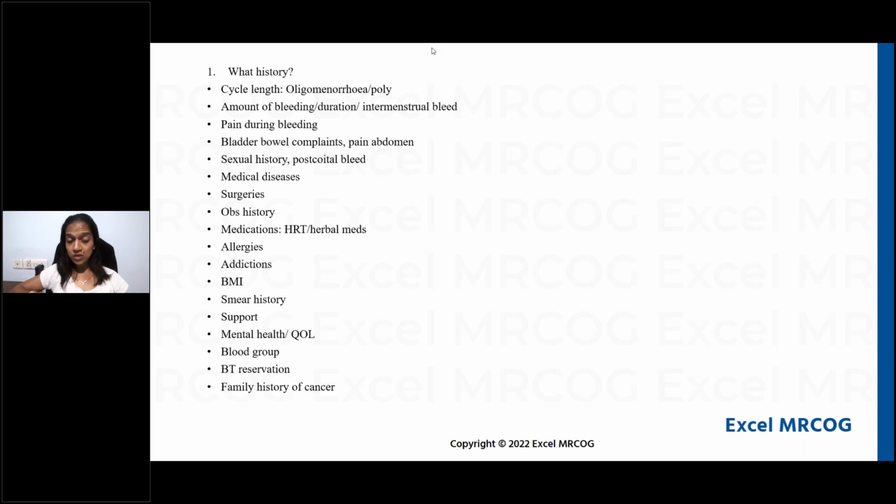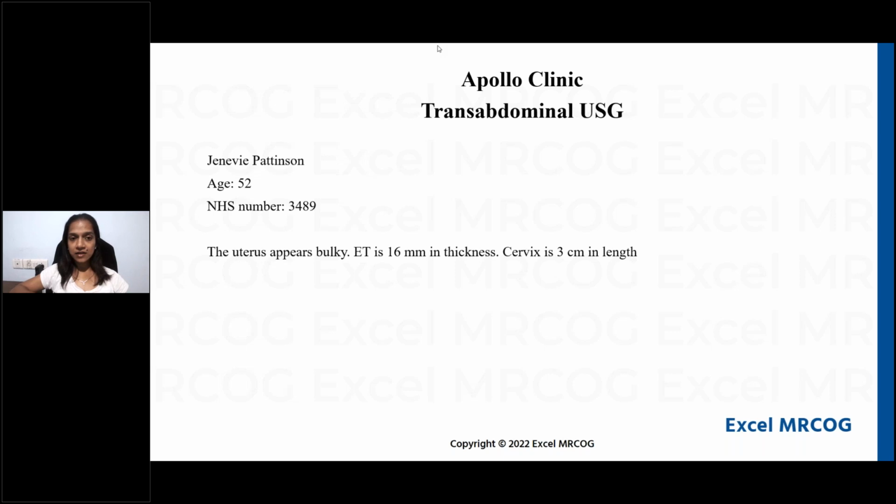So the question was, what could be the possible diagnosis and what investigations would you like to do? So given the situation that a transabdominal scan is done and her endometrial thickness is more and she is having anovulatory bleeding, that is prolonged cycles followed by heavy bleeding, what I could think of is, one thing, endometrial hyperplasia, okay, very likely.